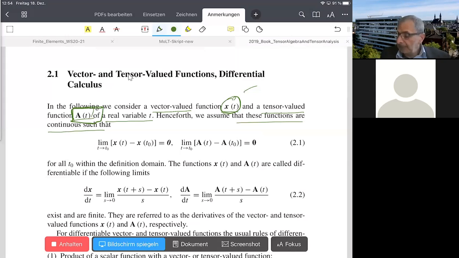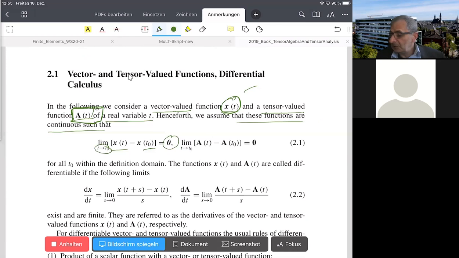Okay, continuous. What does it mean? If I consider this function x at t and fix some other value t0, and then I take the difference, and approach t to this value t0, as I come closer and closer, the difference should be the zero vector. That means that the limit of the difference between these two vector values of the function should tend to 0 when t tends to t0.